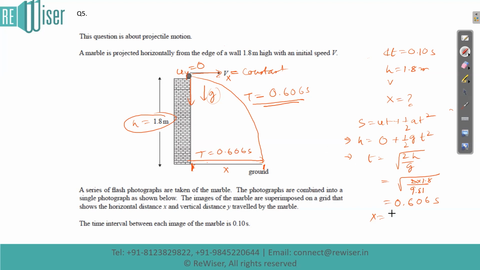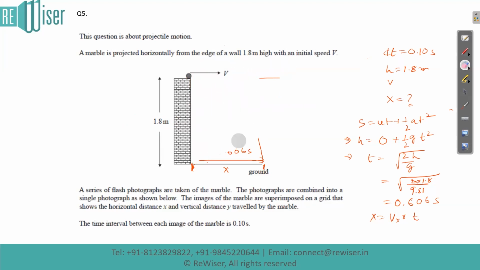So if I just multiply vx into t, since it is constant throughout the motion, I don't have to consider acceleration at all. So if I want to find the displacement, I can simply multiply velocity with time. I'll find out the displacement along x direction. So now I know the time, it is 0.606. But what about velocity?